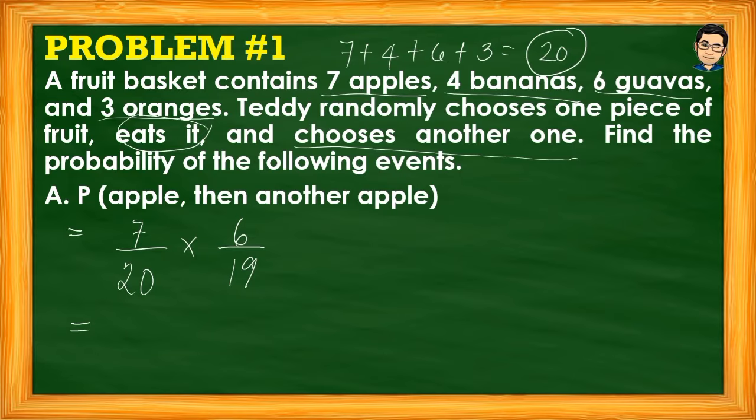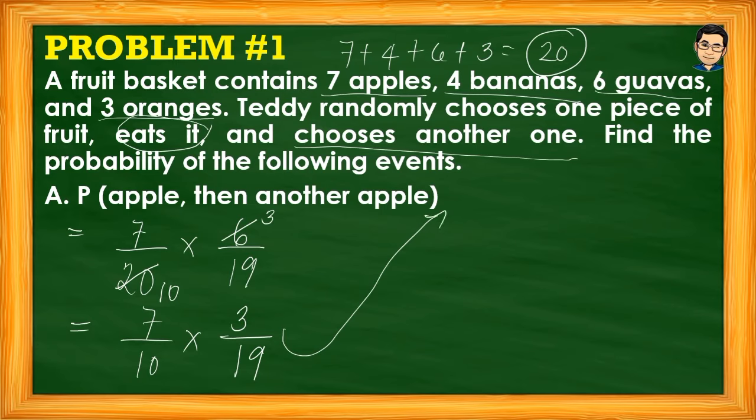So, 7 and 19 have no common GCF except 1. In 6 and 20, they have one, which is 2. So, 6 divided by 2 will become 3, and then 20 will become 10. Now, multiplying the remaining factors, so 7 over 10 times 3 over 19.